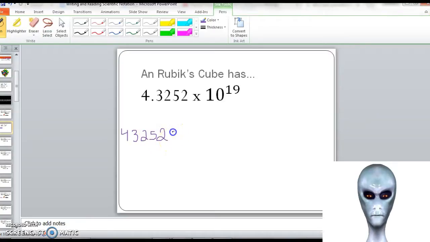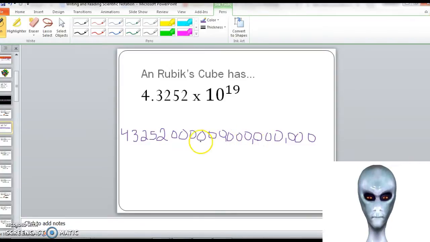Now I need to draw 15 zeros. 5, 6, 7, 8, 9, 10, 11, 12, 13, 14, 15, 16, 17, 18, 19. Now I'm going to go back and put in my commas. 1, 2, 3, comma, 3, comma, 3, comma, 3, comma, 3, comma, 3. So this is equal to about 43 quintillion.